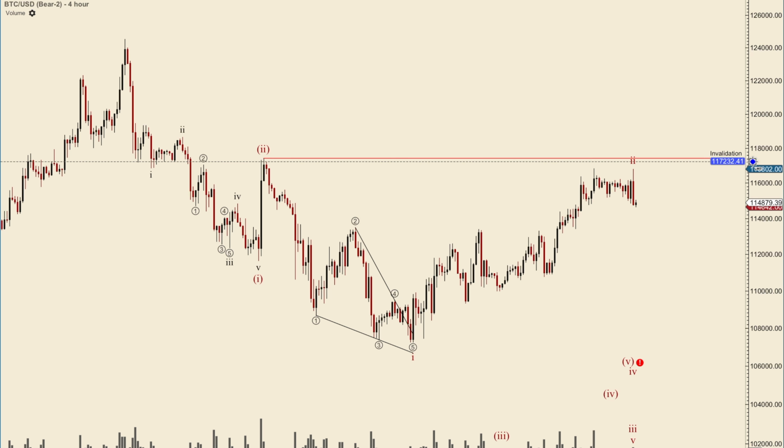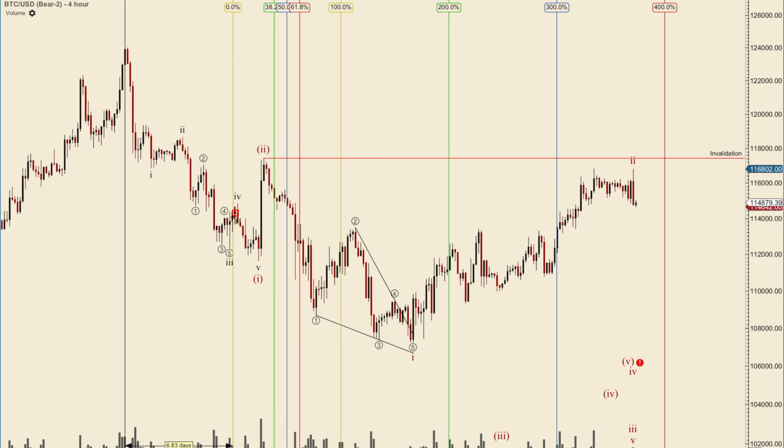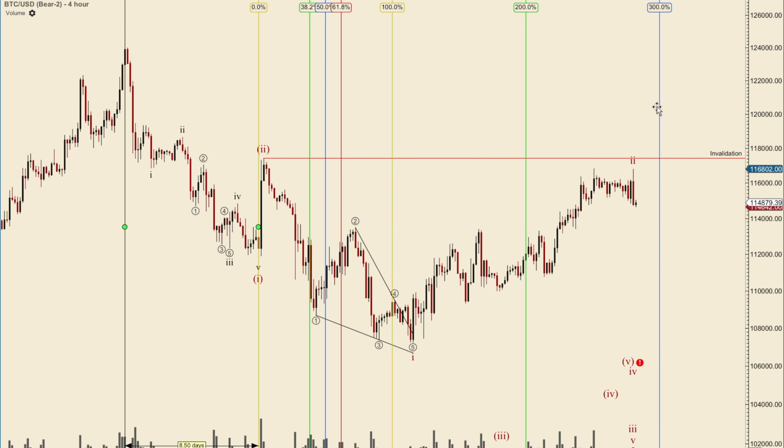If we take out 11,717, then we know basically, because if we take out this high, you have 1 and then 2 over here, and then it starts to get very, very long in time for a wave 2.